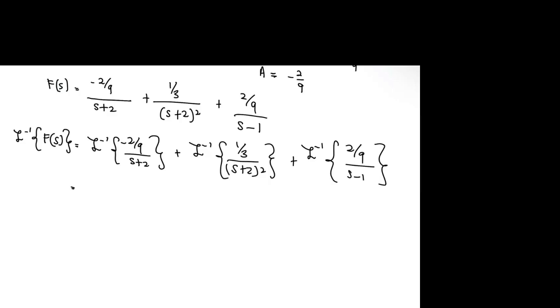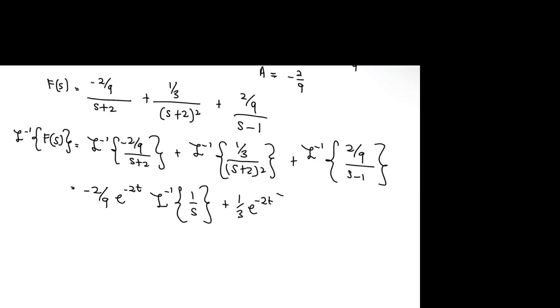So we have minus 2 over 9, you can put outside. S plus 2 is exponent minus 2t. Then we have here 1 over S. 1 over 3 we can put outside. S plus 2, exponent minus 2t, same thing.